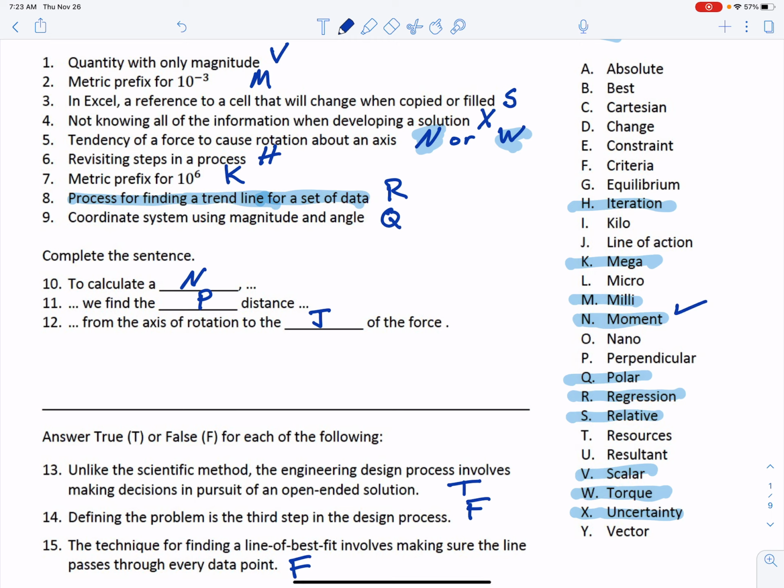To calculate a moment, we find the perpendicular distance, okay, so perpendicular here, from the axis of rotation to the line of action, okay? So that's the definition of a moment, and that was the idea on 10 through 11.